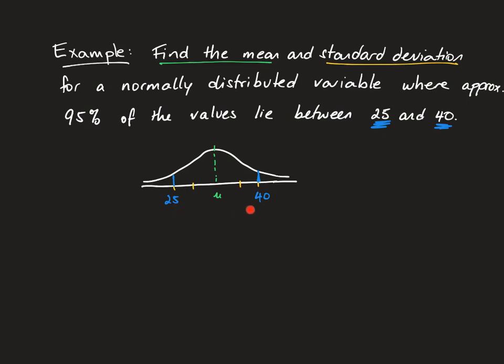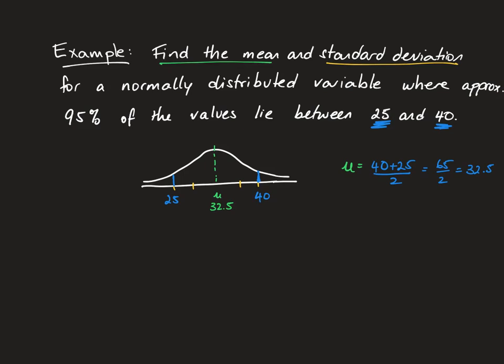Because it's symmetric, the mean is exactly halfway between these two values. So I'm going to add those two values together and divide by 2. It gives me 65 on 2, so my mean is 32.5. Easy, put that in. 32.5.